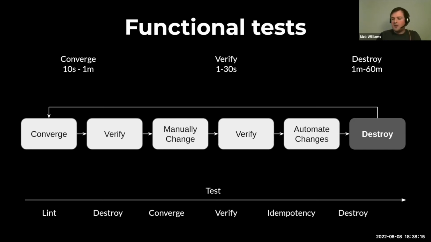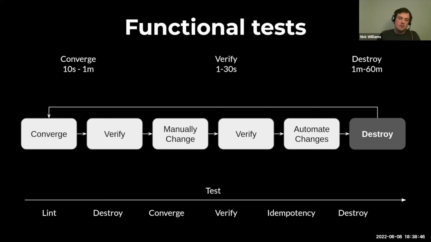At that point, particularly if I'm working on something that's reasonably complex and I don't know exactly how I should automate this, how I should write the infrastructure as code for this, I'd probably make these changes by hand. So I might run a kubectl apply, I might SSH into a server and make a change by hand, at which point I can re-verify and test that my change has worked and that my functionality is now behaving in the way that I want it to, which is great.